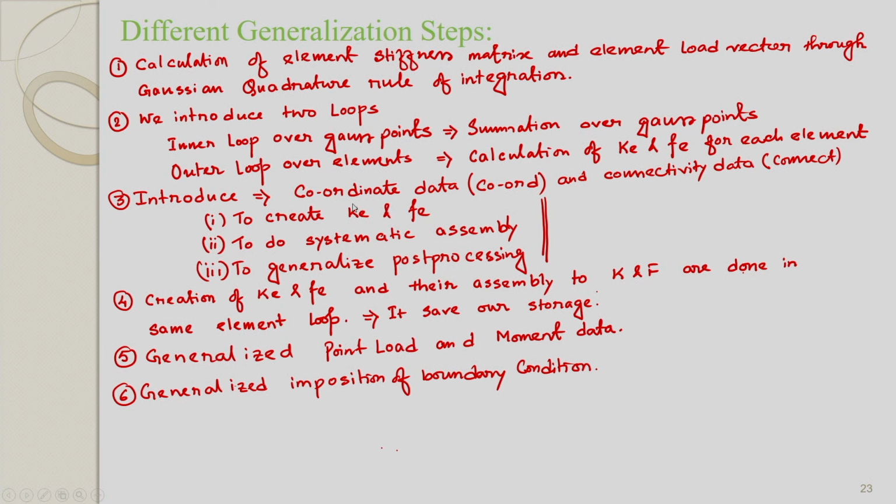After that, we have introduced these two data structures, coordinate and connectivity, which help us in further generalization of element stiffness matrix and element load vector formation. With these data structures, we have systematized the assembly operation.